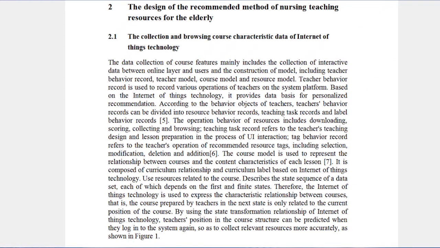By using the state transformation relationship of Internet of Things technology, teachers' position in the course structure can be predicted when they log into the system again, so as to collect relevant resources more accurately, as shown in Figure 1.